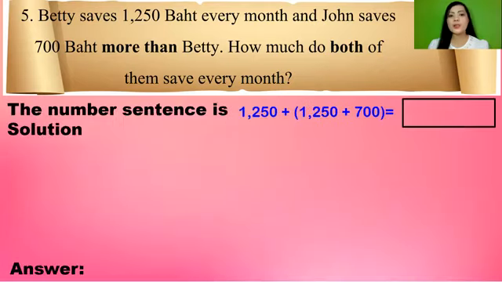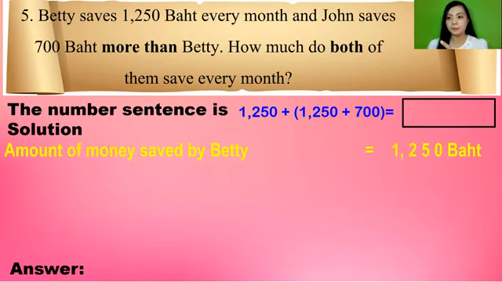The number sentence is 1,250, that is for Betty, plus inside the bracket, 1,250 plus 700, that is for John. So we learned already that we need to solve for what is inside the bracket. Okay, solve the number first in the bracket. Okay, so we need to find first the savings of John.